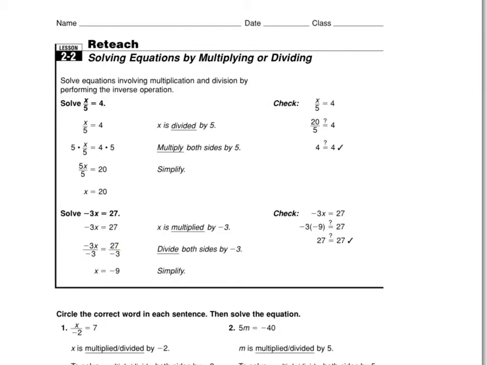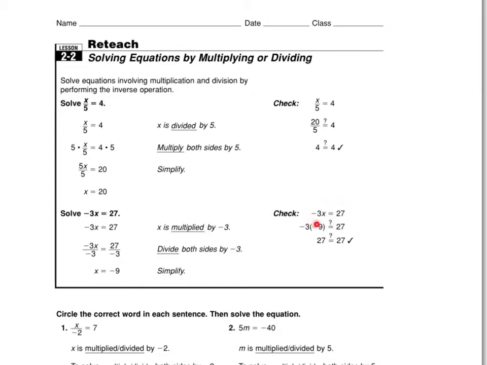And 3 goes into 27 9 times, but our integer rule says when we divide a number that is negative or positive by the opposite sign, in this case a negative into a positive, we get a negative for the answer. So when we simplify, we get x equal to negative 9.